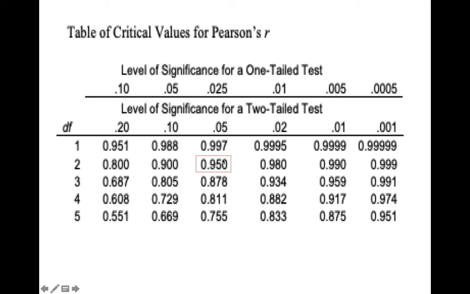So what we would need is that with only 4 people, when doing a two-tailed test with an alpha level of 0.05, we need a correlation at least as big as positive 0.95 or negative 0.95 in order for us to say, oh, that correlation is far too big to be considered random.